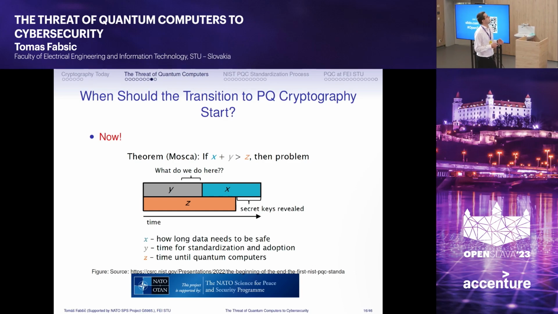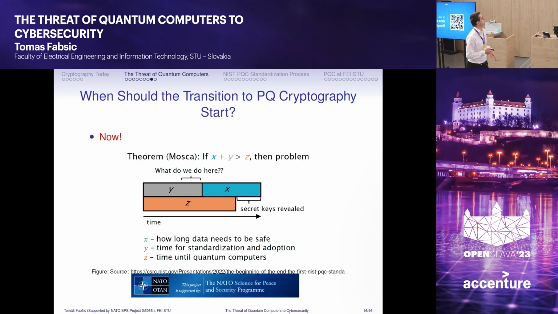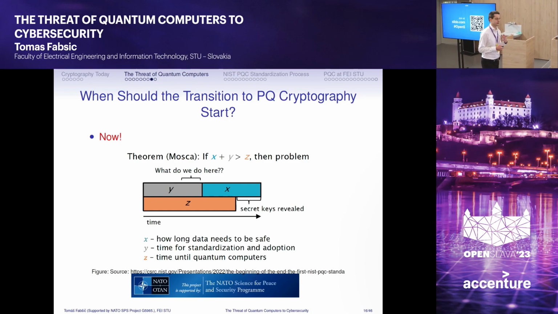And the cryptographic community believes the transitioning process should start right now, because if you encrypt something today, then you want it to remain secret for some period of time.